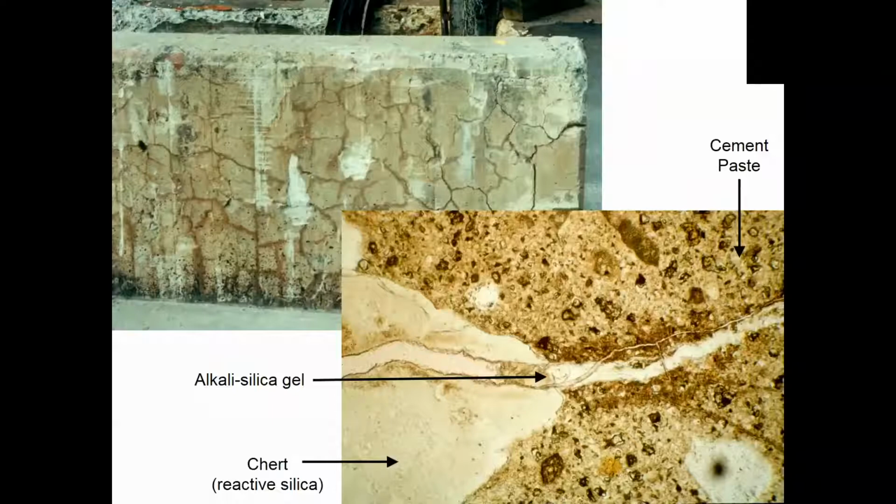So the three requirements for ASR, or three of the requirements for ASR, are alkalis from the Portland cement, silica from the aggregate, and water to provide the transport and also provide for swelling of the gel as well.